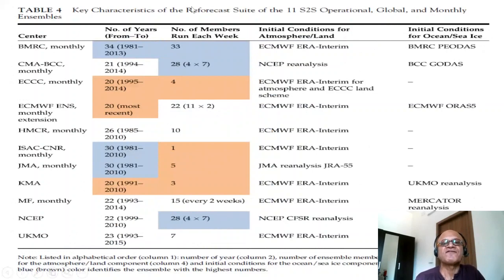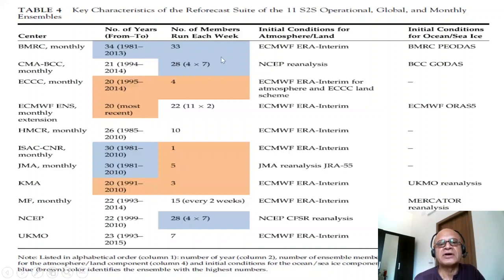All of them also have a reforecast suite for S2S operational global and monthly ensembles. So again, same models here. The number of years used in reforecasts also varies. So 1981 to 2013, 94 to 2014, and so on.